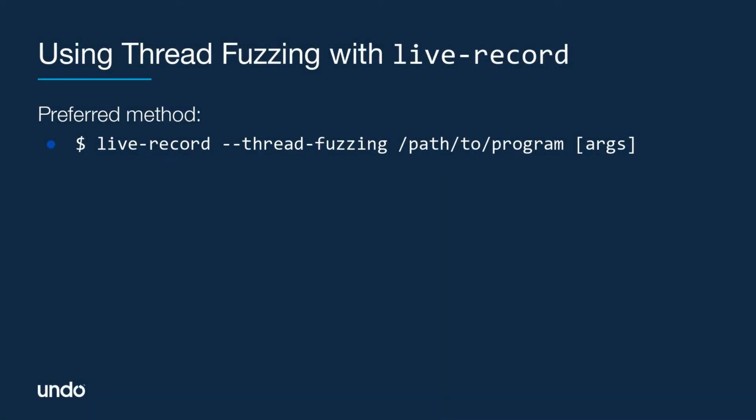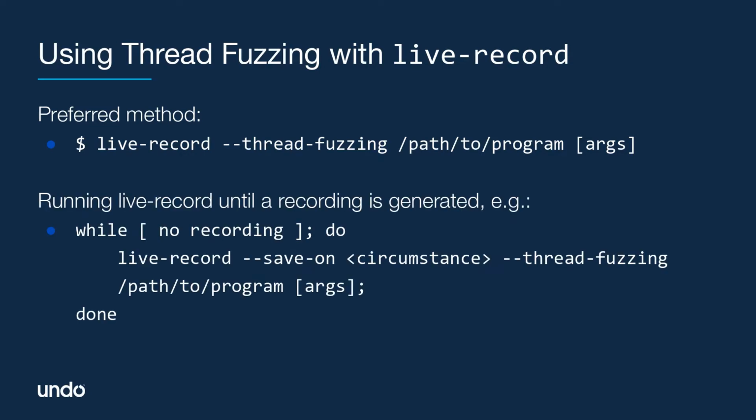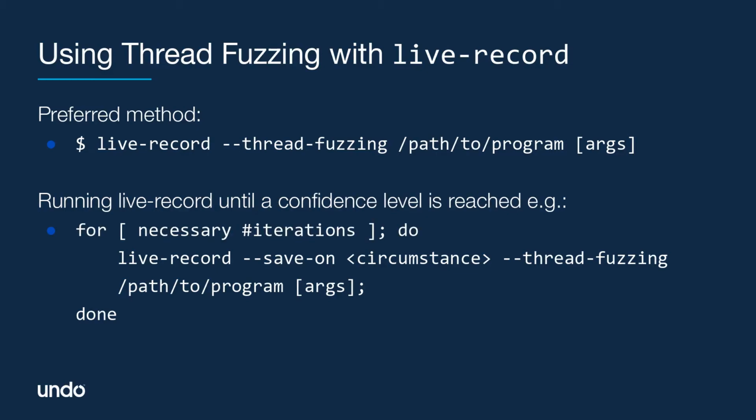In order to benefit from thread fuzzing, we need to run the tester application a relevant number of times. That is, as many times as needed in order to obtain one recording of the failure, or as many times as needed to reach a desired confidence level. In this tutorial, we will exemplify both alternatives.